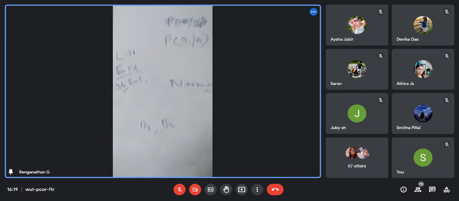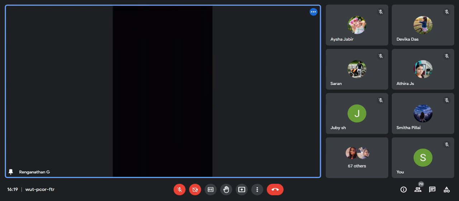Now, what is the probability of selecting the first one and the second one? Since there exist two boxes, there is equal probability of selecting the first one or second one, isn't it?